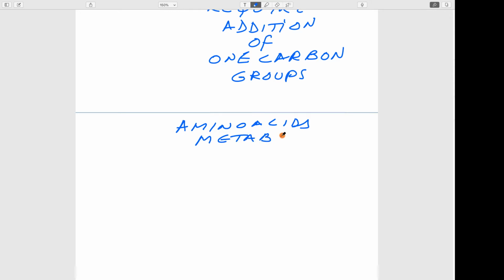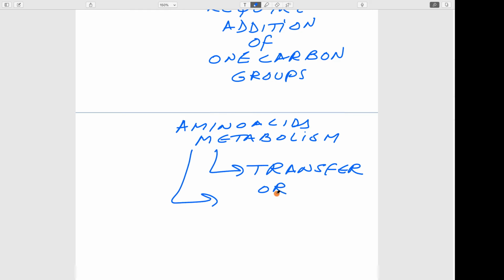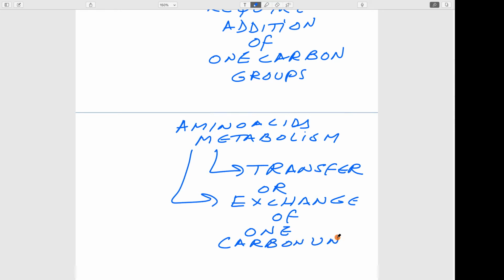In one aspect, amino acid metabolism is important for the transfer or exchange of 1-carbon groups, 1-carbon units. For this, amino acid metabolism is one of the important aspects.